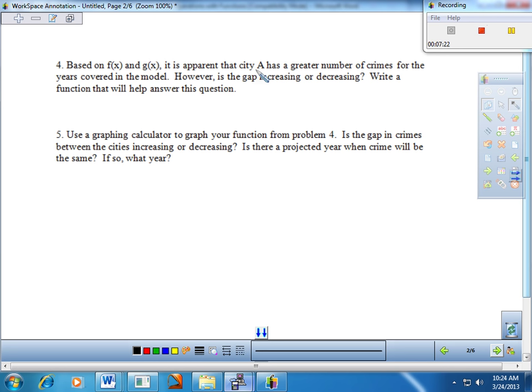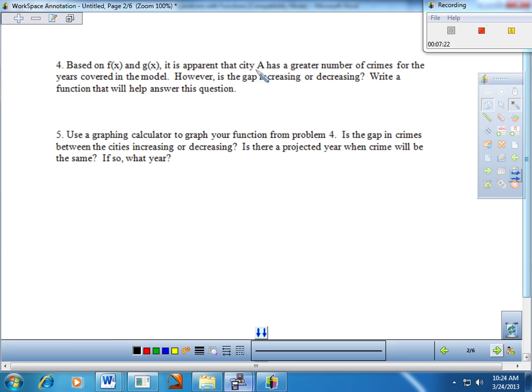Write a function that will help answer this question. Wonderful. So what I'm looking for is a way to get the gap between the crimes of the two cities. Another way for me to say it, without giving too much away, is I want a function that will provide the difference of the crimes in the two cities.